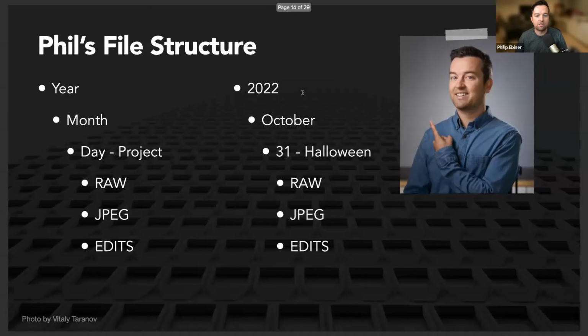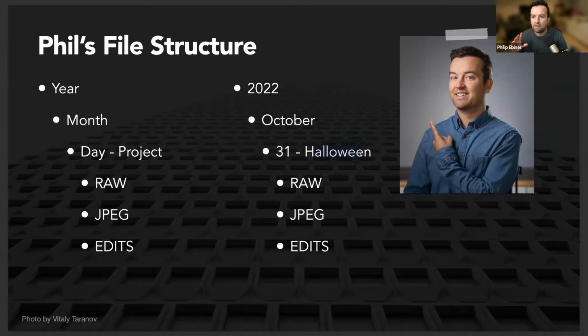So I don't think there's necessarily a perfect example. Here is what I do. I'll have folders on my working drive and also in my backup that are the year, the month, and I title my months like 1 January, 2 February, etc., so that it's in order, and then the date.